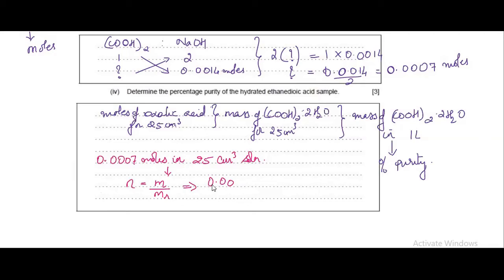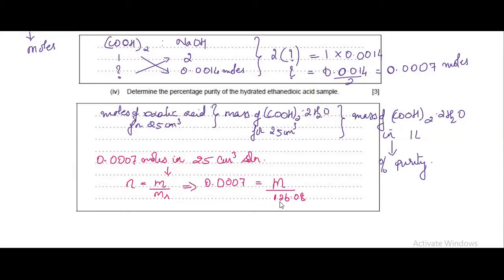I'm sorry, moles is 0.0007. This is equal to mass, which is unknown to us, over the molar mass of hydrated oxalic acid, which is 126.08.